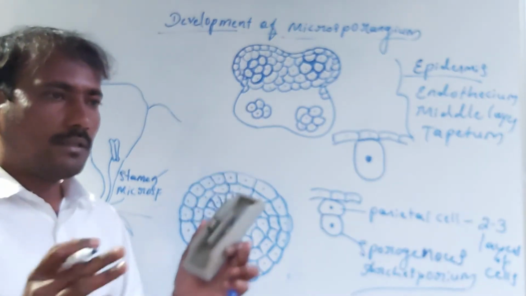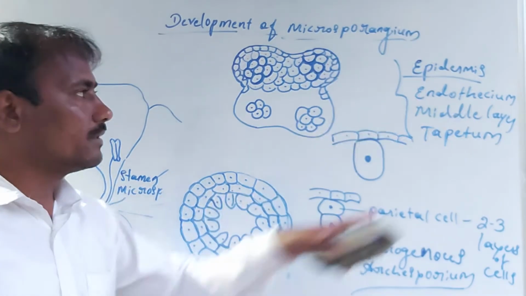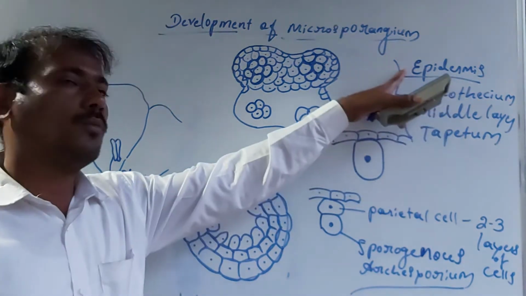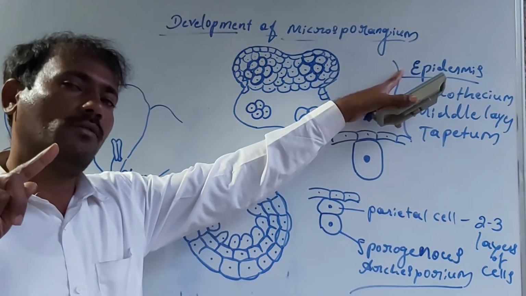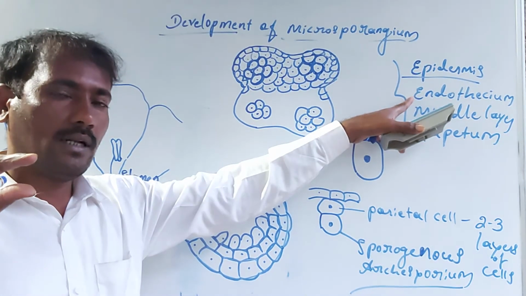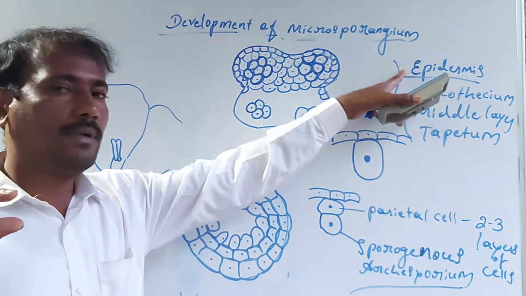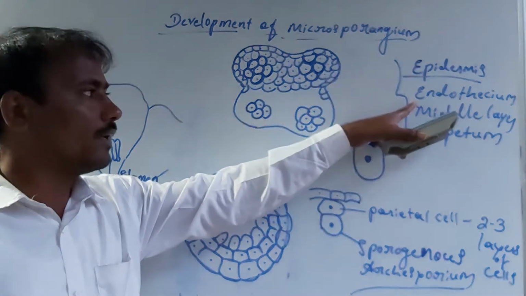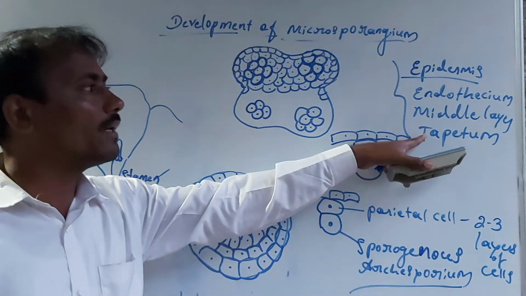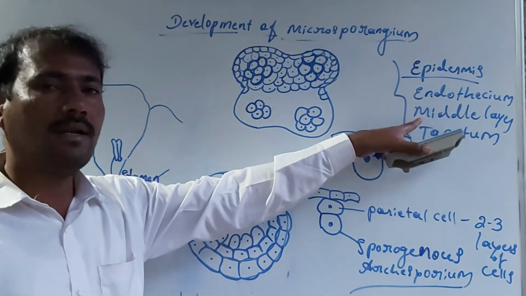A very young anther shows the presence of 4 distinct layers of cells. The outermost layer of the anther wall is known as the epidermis. The layer next to the epidermis is known as the endothecium, and between the endothecium and the tapetum lies a middle layer.